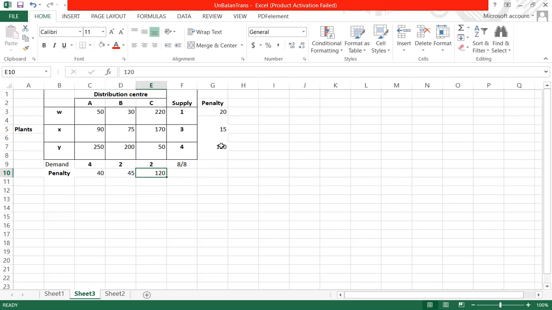Highest penalty is 150. In this, the lowest cost cell is this one, where the transportation cost is 50.